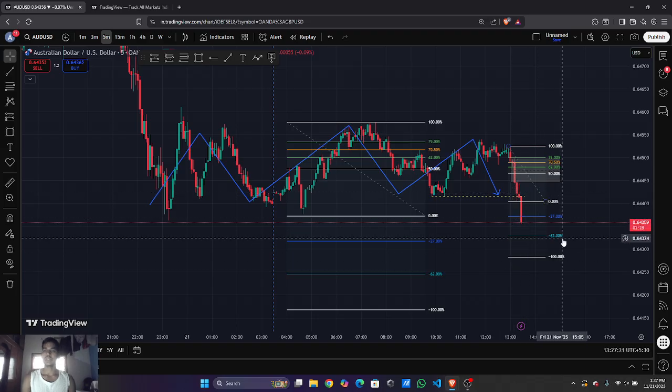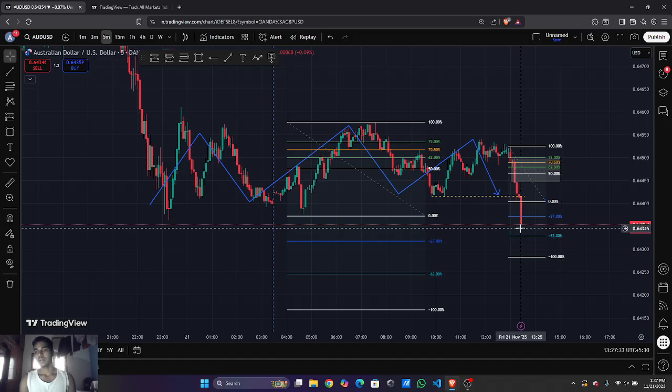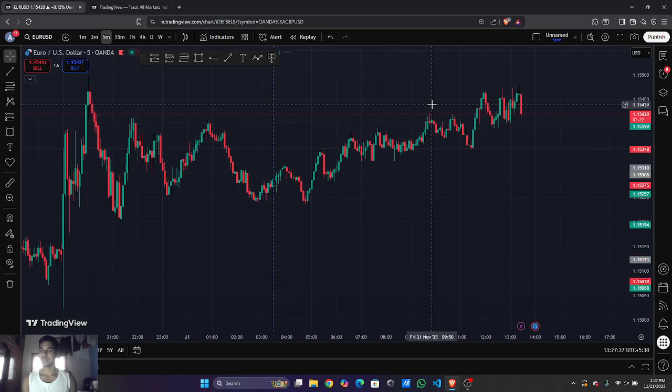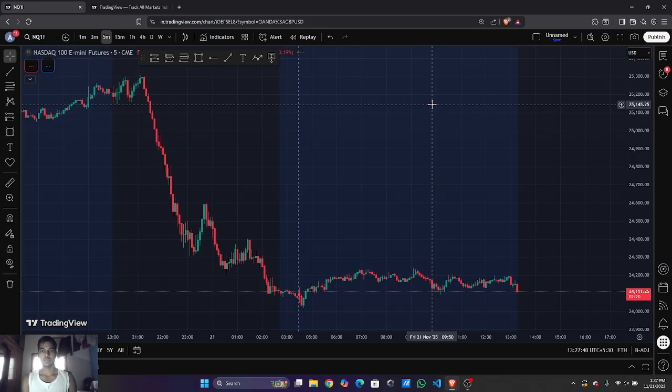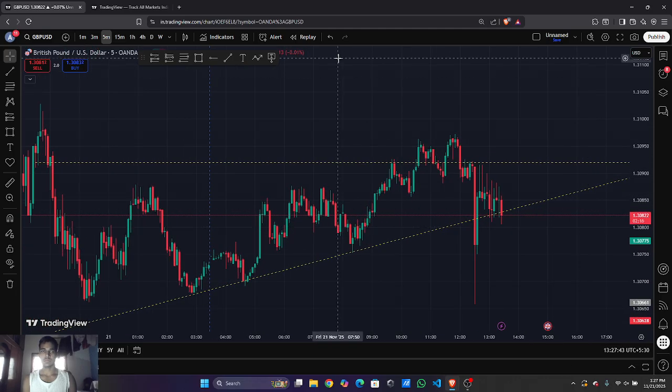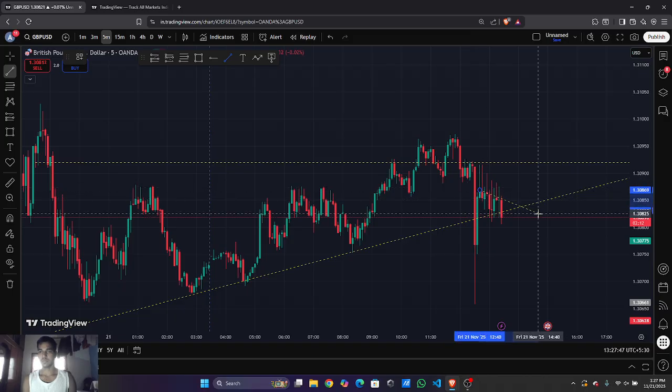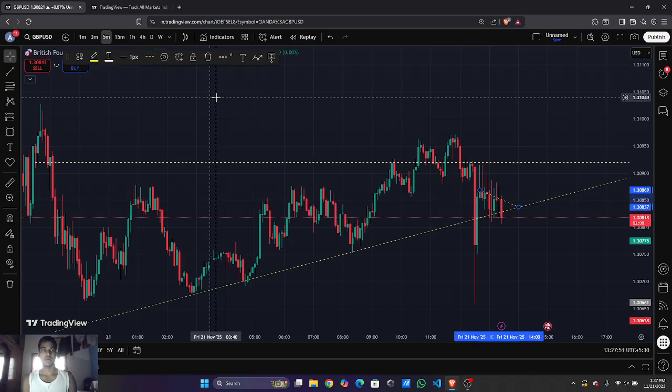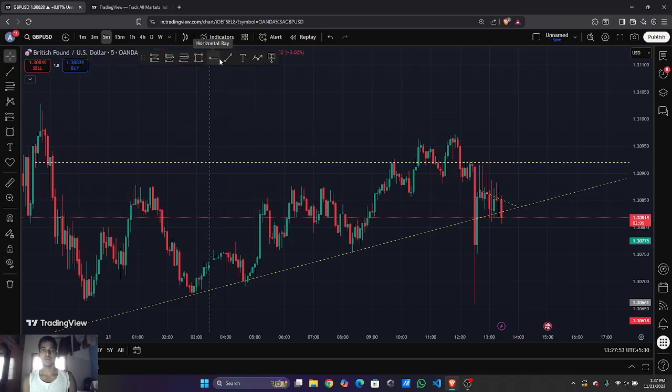There is no retracement, so nothing can be done about it. There is a smaller range. It is not bad, but we won't trade.